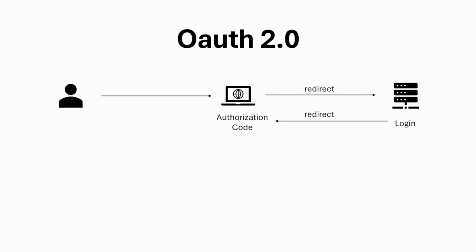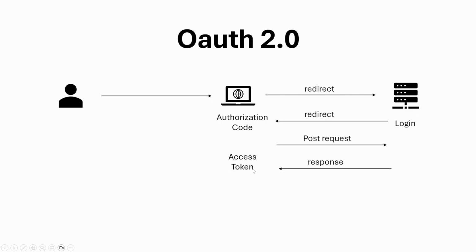Now we need to exchange this authorization code for an access token. So we're going to send our authorization code to our authorization server again with a POST request. Now we don't redirect the user again, we just make a POST request, and the server will give us a response with our access token.